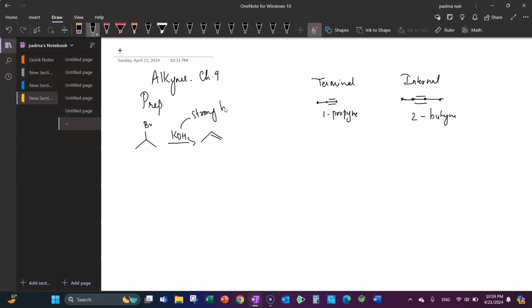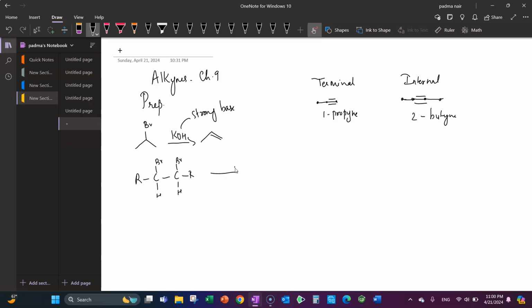Same thing in case of alkynes, but now we need 2 degrees of unsaturation, so we will have to use alkyl dihalides instead. So for example, I can say R-C with a Br here, a Br here, and hydrogens here.